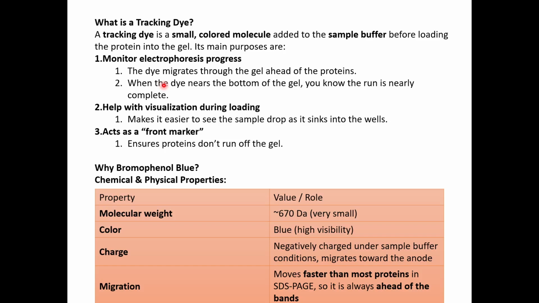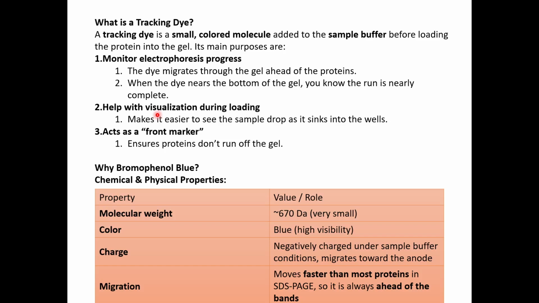So it helps you know when to stop your electrophoresis, so that all your proteins have been resolved. It also helps you not lose your lower molecular weight proteins, because of its smaller size, it is the one which will travel faster. Usually we wait till the dye is released from the gel, so that we can have all the proteins in the gel.